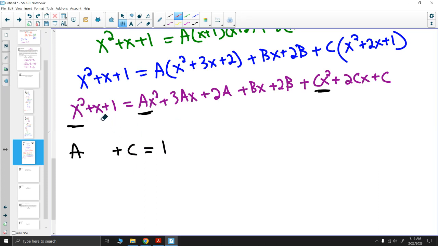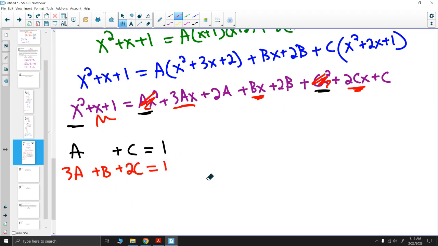Now let's take a look at our x terms. I'm going to also get rid of these so I don't look at them. So now our x terms. Here's our x, here's an x, here's an x. Okay, so that's 3a plus b plus 2c is equal to 1x.